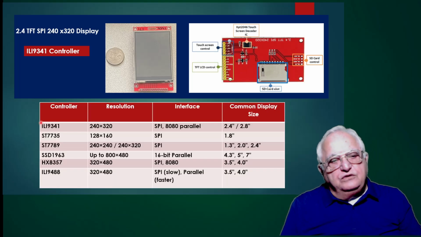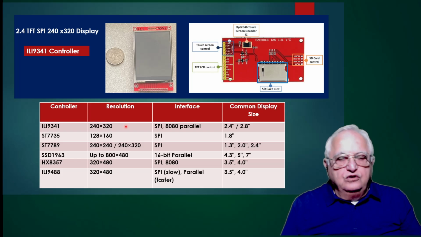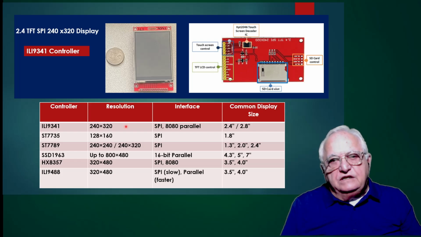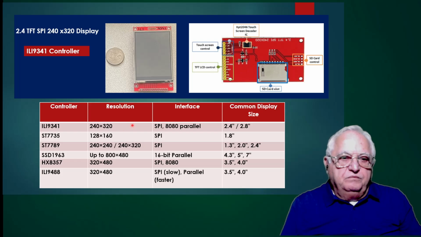Now, I wanted to show you here all the various controllers that we have. When you buy your display, it should tell you what the controller is. But if you lost that information, then you can find out by, for example, looking at the size of the display.